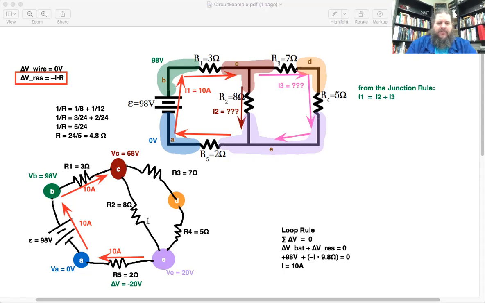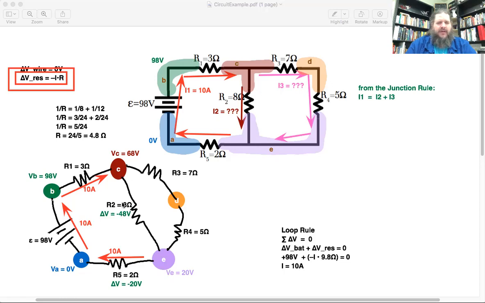And at this point, for resistor 2, we know the voltage and the resistance. So we can once again go back to delta V equals negative IR. Here we know the delta voltage, negative 48 volts, and we know resistance, 8 ohms. So how would you calculate current? Yeah, take that delta V, negative 48 volts, divide by negative R, negative 8 ohms. 48 over 8 is going to be 6.